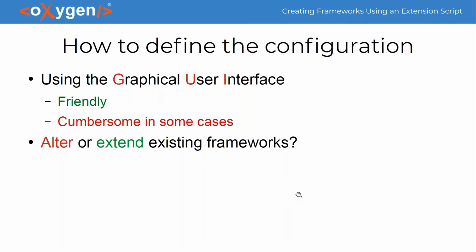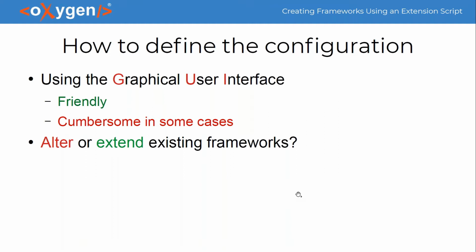But as much as we try to make these frameworks as helpful as possible, the reality is that requirements and preferences differ from one company to another. So when a company starts using Oxygen, it will discover that they want the framework, the configuration, to be changed a bit.